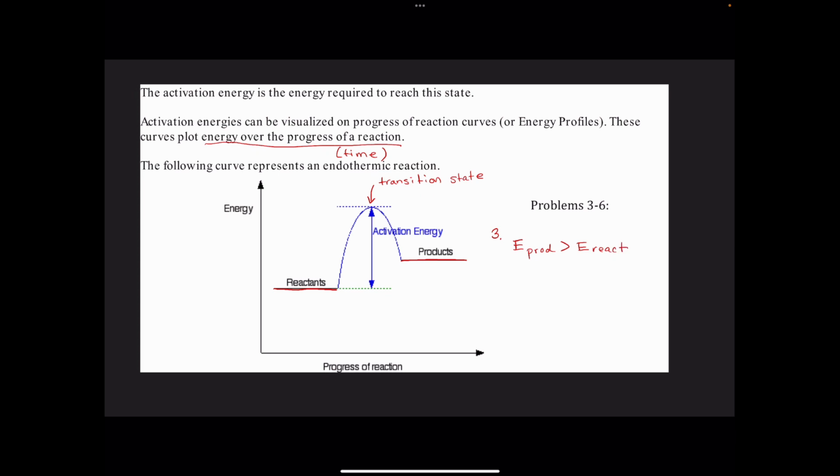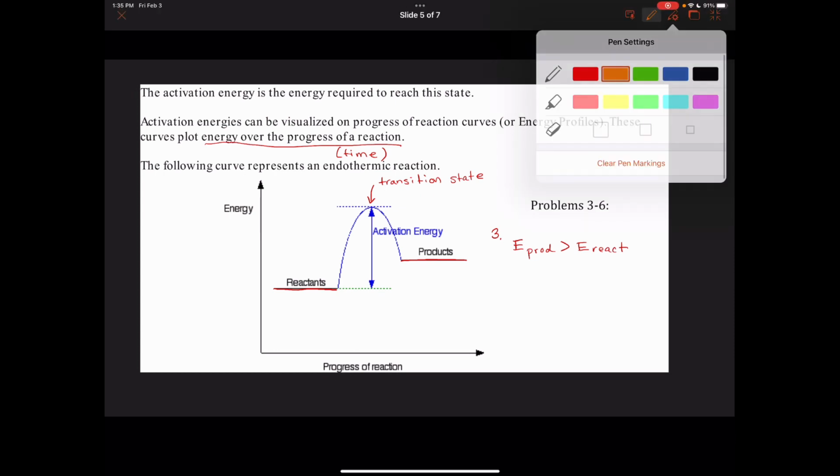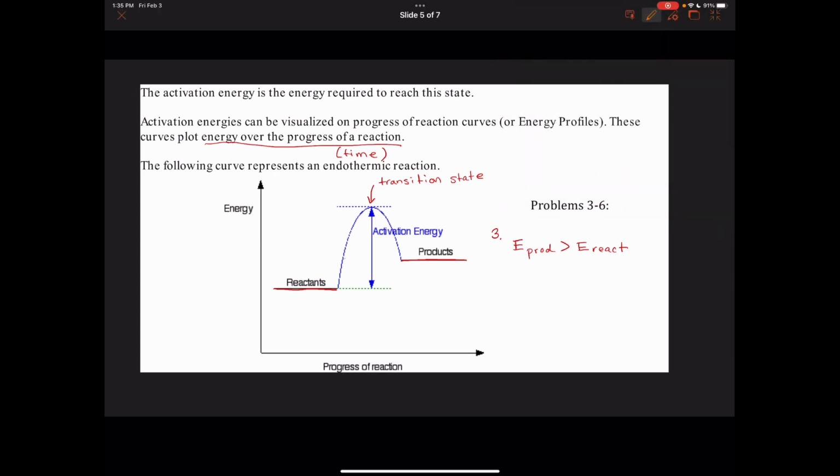So if that is the case, we're going to look at the change in energy. The change in energy would be the difference in energy between my reactants and my products. So this area here, that would be my overall change in energy, the difference from where I start to where I end.